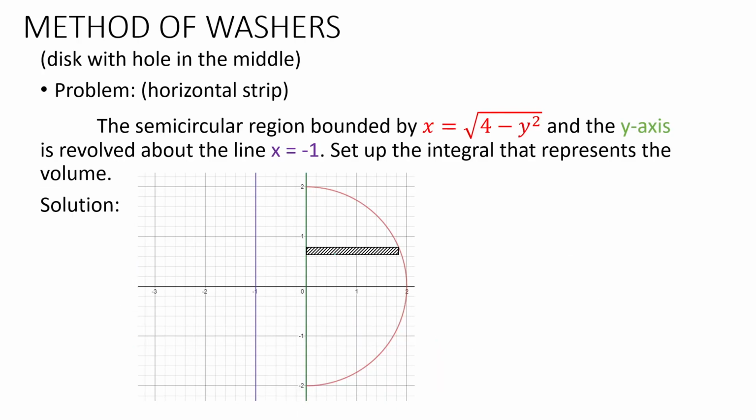So let's now go to this problem. What if you are not rotating in the y-axis anymore? Of course, what we need to do is, this one is still a washer, but if we are just rotating about x equals -1.